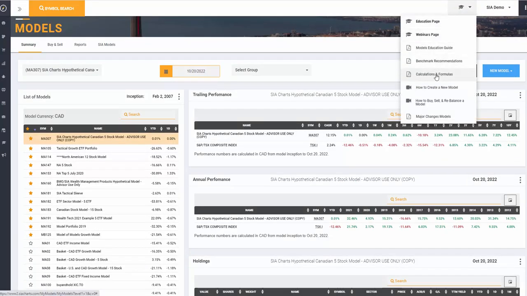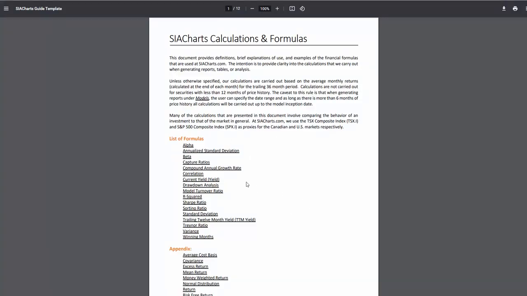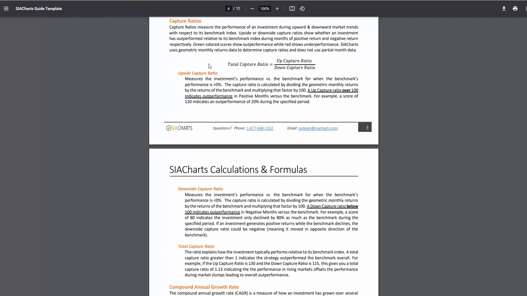So if you want to know more information about that, actually let's jump there to first understand what these mean. So if I click on here, and I have it pulled up just in another tab just to save some time, you're going to be able to go to any of the formulas on our system and get more information about it. So what the capture ratios really are is a measure of performance of an investment during up and down markets in respect to the benchmark that you're comparing it to.